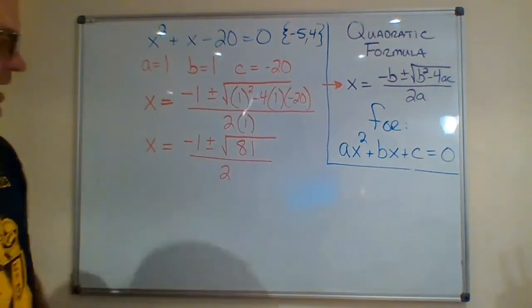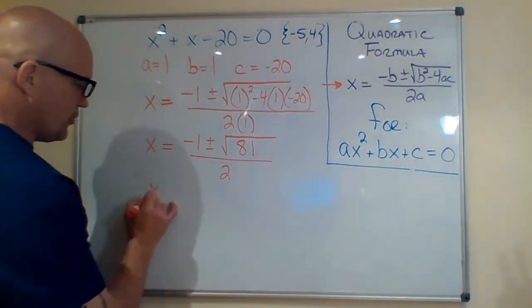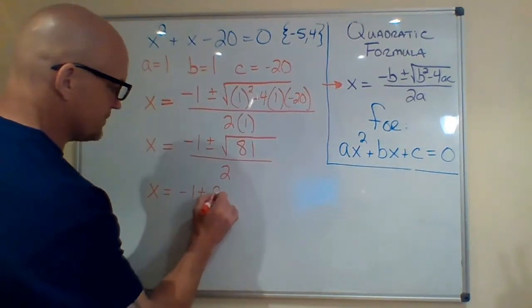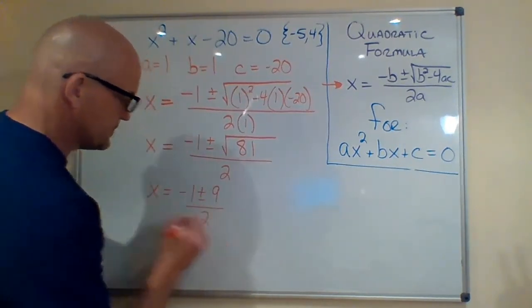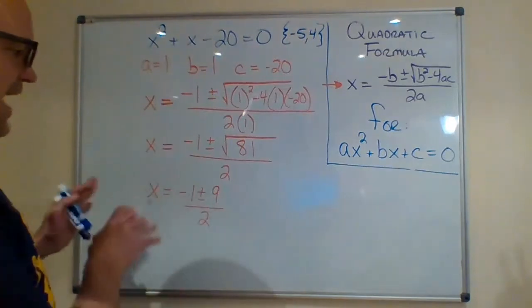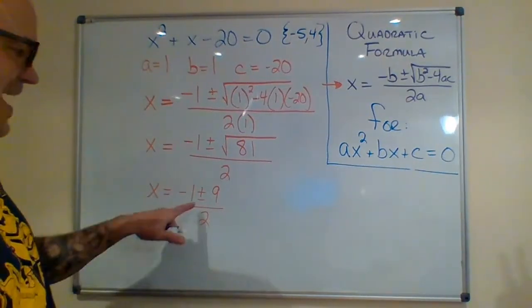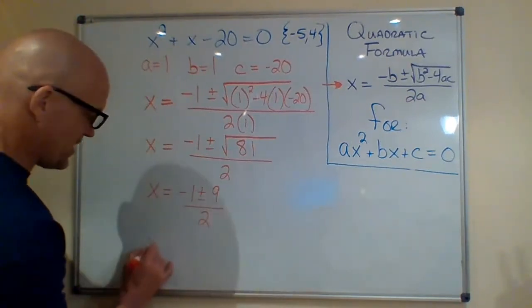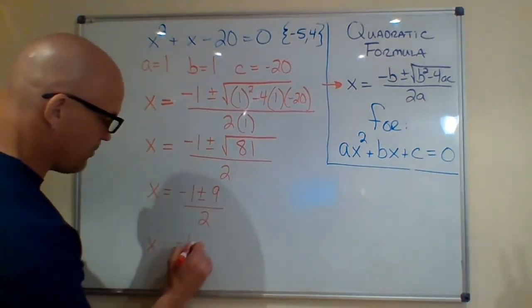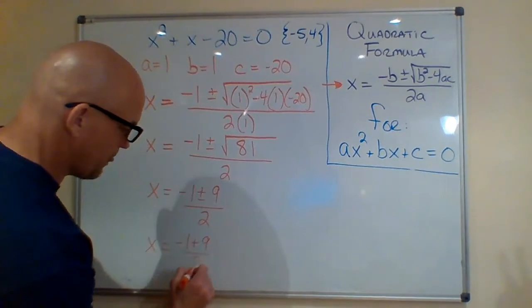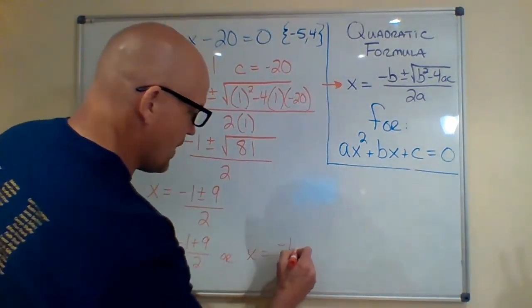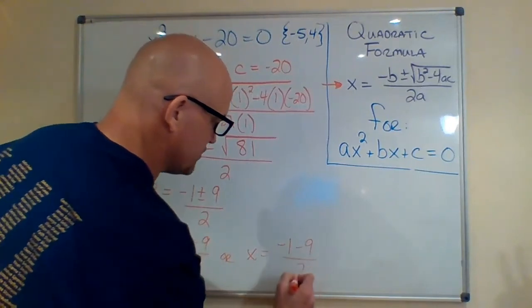Now I'm going to go ahead and take care of that square root. Hopefully we all know that the square root of 81 is 9. So at this point, since everything worked out nice and pretty, I can simplify that into two numbers. I either have x equals -1 plus 9 over 2, or I have x equals -1 minus 9 over 2.